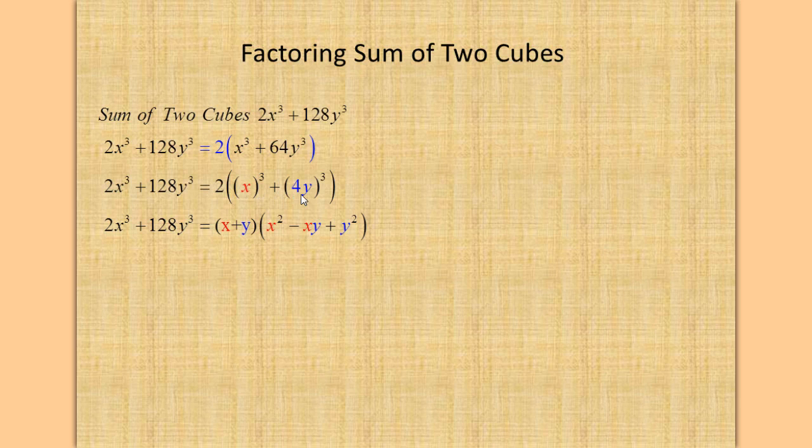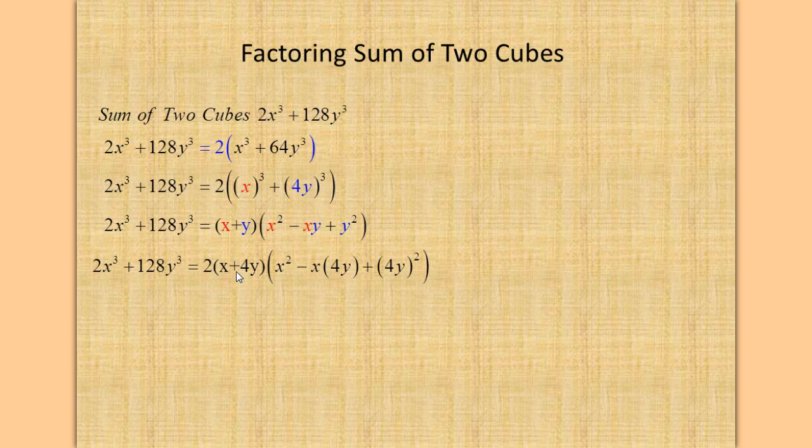So now we have the sum of two cubes, and here is our formula. The sum of two cubes is x plus y times x squared minus xy plus y squared. What is x? x is x. And what is y? y is 4y.